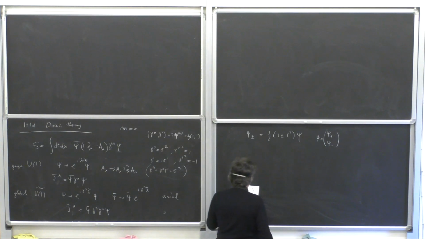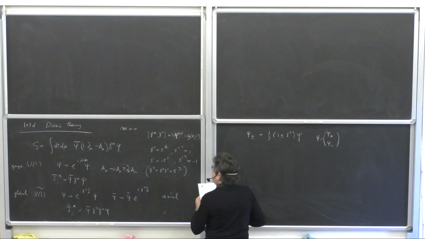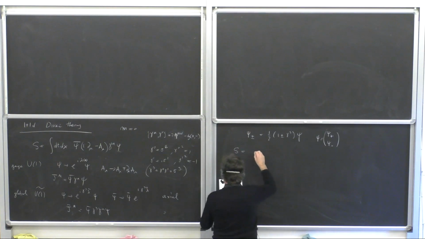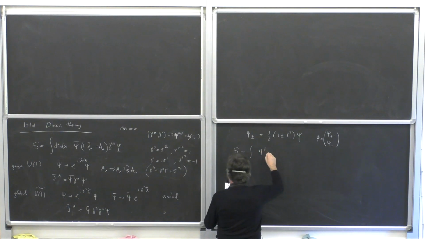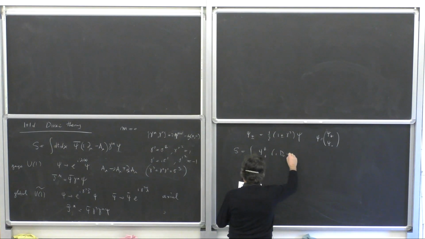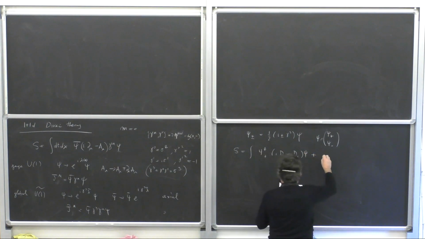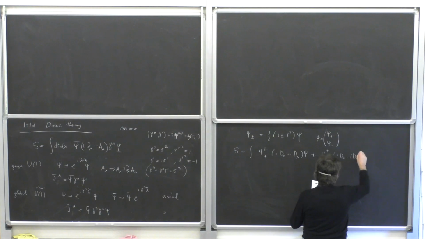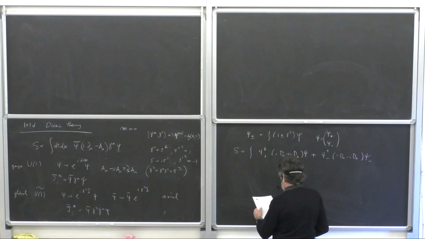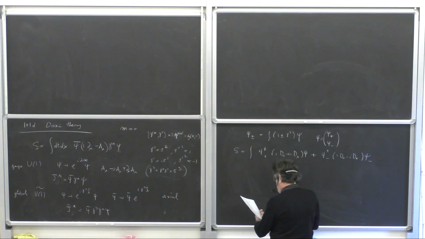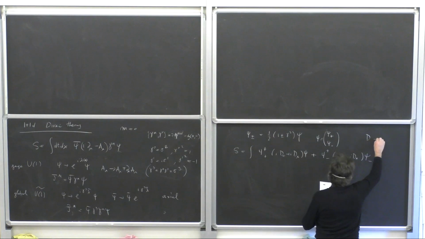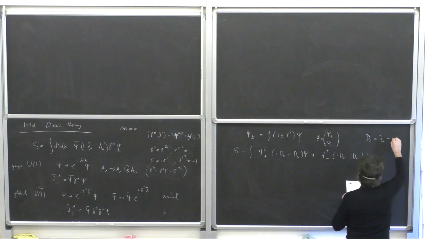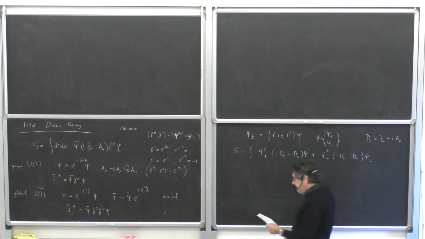And the Lagrangian splits in two parts, psi plus and psi minus, and D splits in two parts.